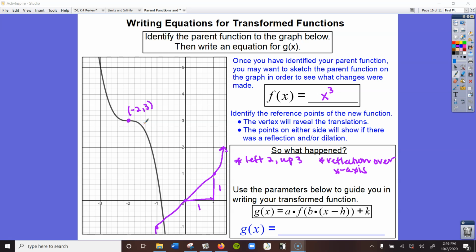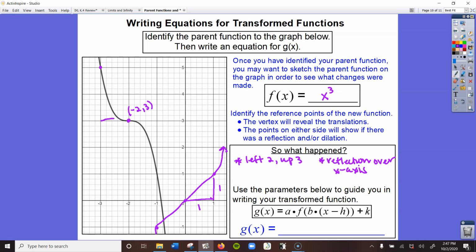So now if we do the same thing to our transformed graph, you're going to look to either the left side or the right side. Again, it does not matter. So let's say I'm going to choose to look at the left side of my vertex. I'm going to choose the next available point that I see, which is right here at negative 3, 5.